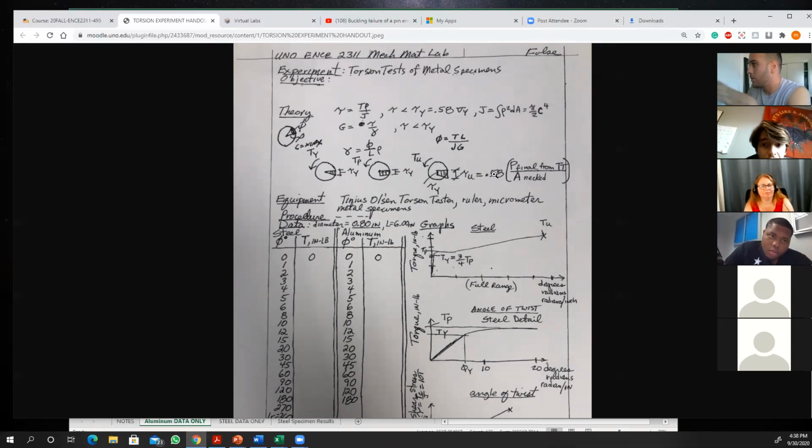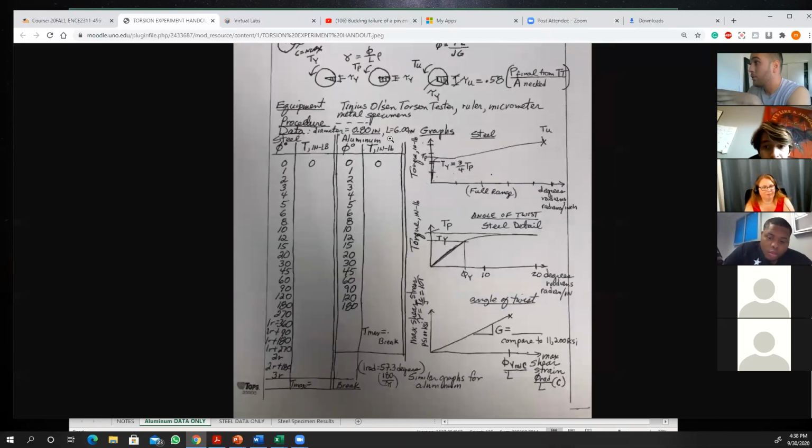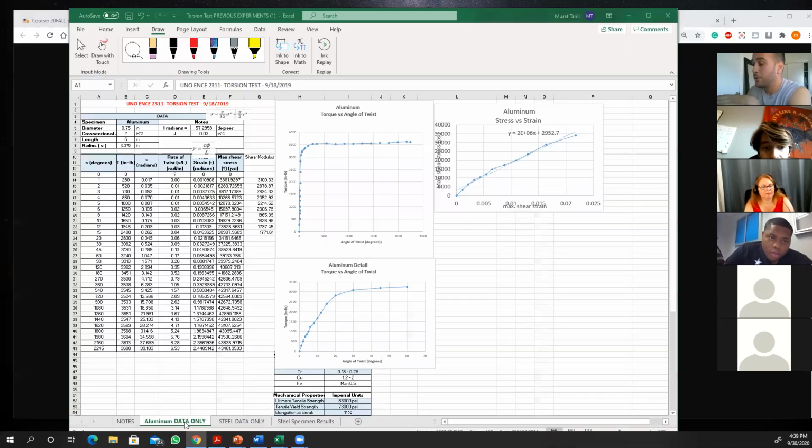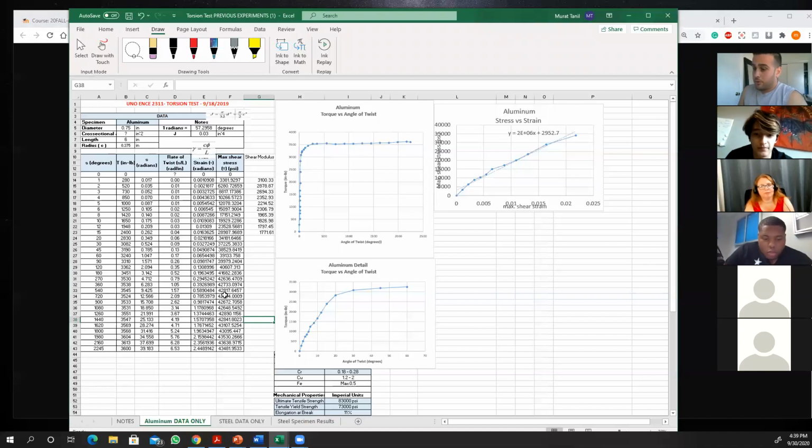The only calculations that are required for you are the ones that I performed. Don't get confused. Don't go into detail too much. You can do the details when you take your mechanical design or machine design. If you're a mechanical engineer or in civil, we don't deal with torsion too much unless you are working on your PhD in structural engineering. But if you're mechanical, you're going to be dealing with torsion a lot.